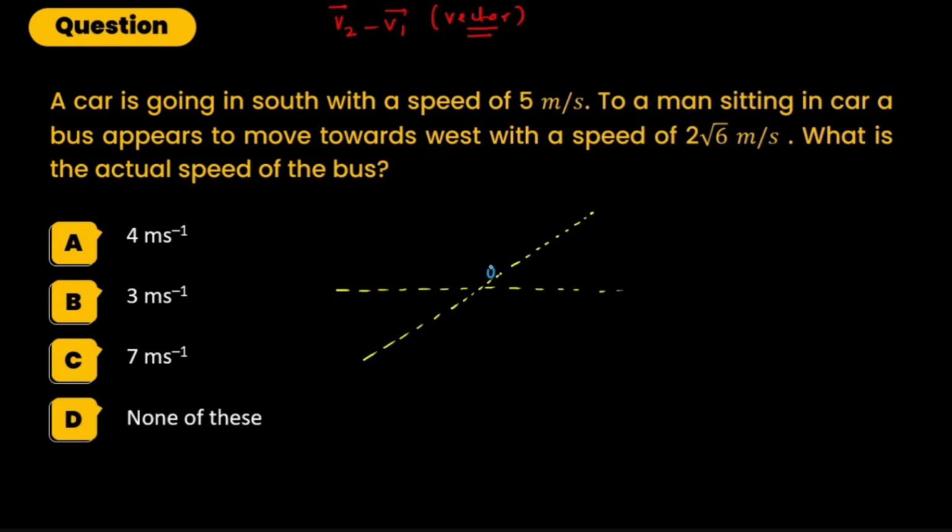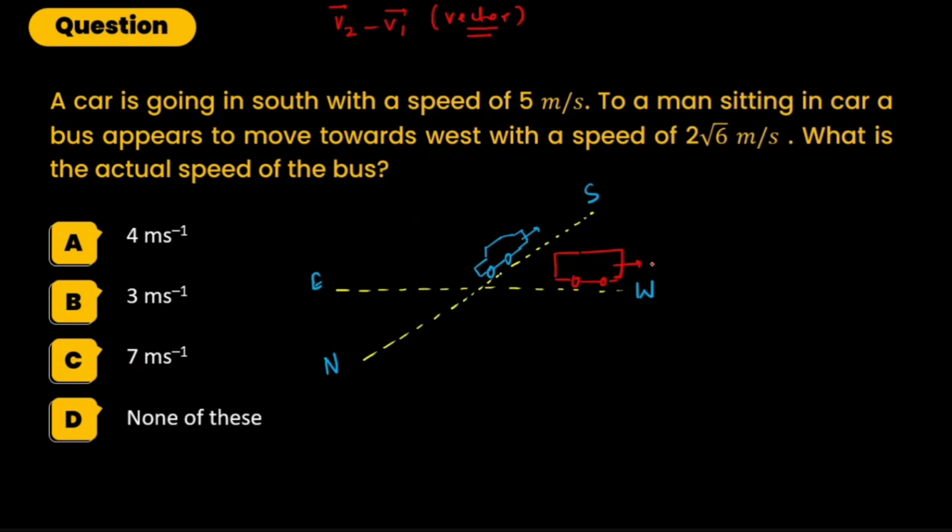So here we can assume there is a car. It is going towards north, not north, south. So I would say this is going to be my south. Similarly, the person sees the bus going towards west.